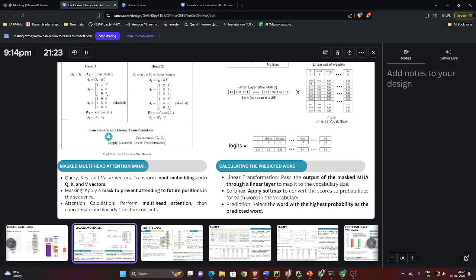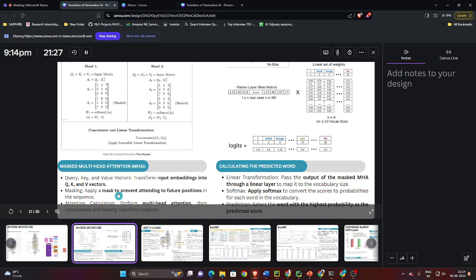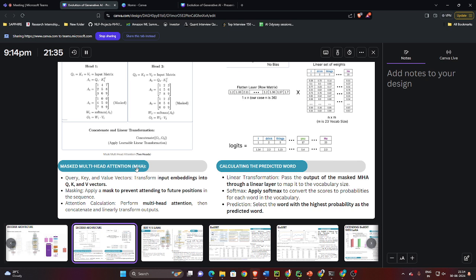So I've just kept it in simpler terms: it performs multi-head attention and then concatenates them. It's a concatenation of MHA, multi-head attention. Over every individual matrix obtained, it performs MHA and then concatenates.